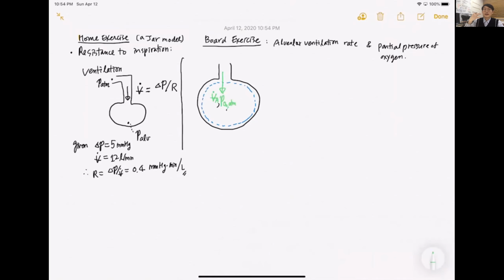When it's an expiration, the flow comes from the inside to outside, so that's the alveolar volume flow rate, and the partial pressure of oxygen, because we are talking about the mass balance of oxygen, is coming from the alveolar space.